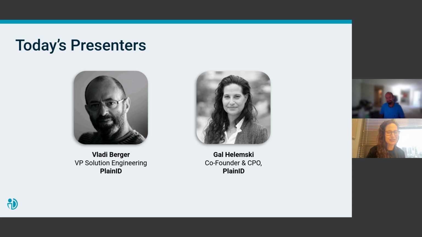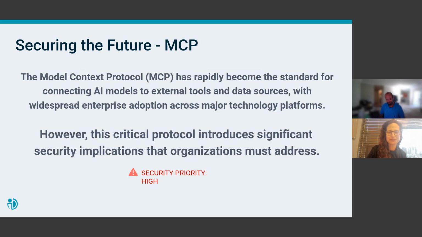And not just good to be here, we are going to speak about an interesting subject. That's right. So, why is it so interesting? It's interesting because MCP is becoming rapidly adopted by many organizations. It's all over the place. Everyone is speaking about MCP, but even though it's very good to have MCP in place, it makes things much, much simpler, it's still a critical protocol that introduces significant security implications.